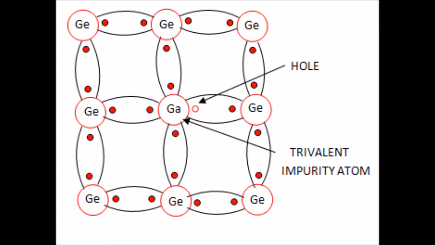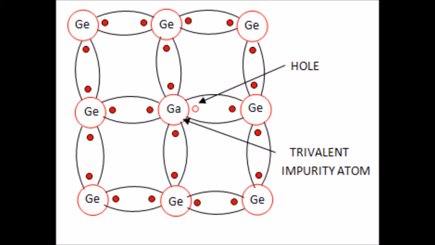In the 4th covalent bond, only the germanium atom contributes 1 valence electron, while the gallium atom has no valence electron to contribute. Hence, the 4th covalent bond is incomplete, being 1 electron short. This missing electron is known as a hole.